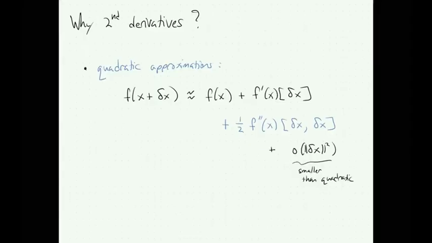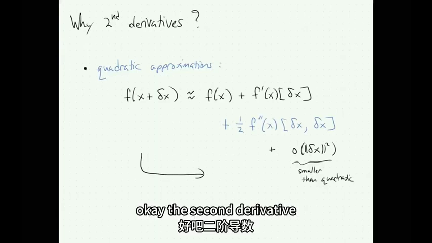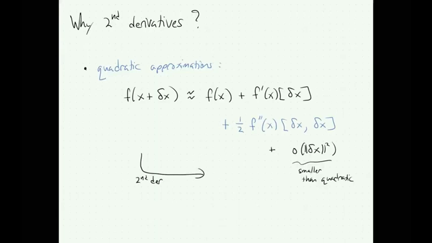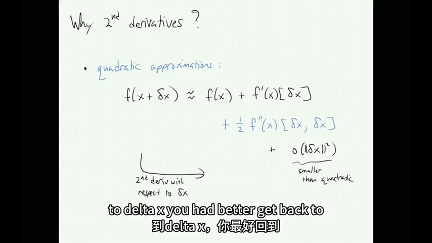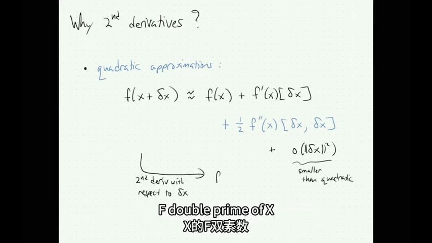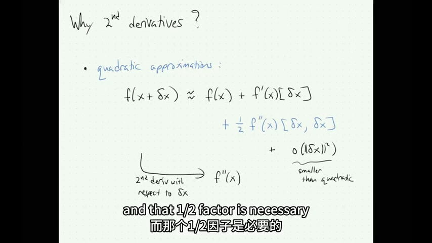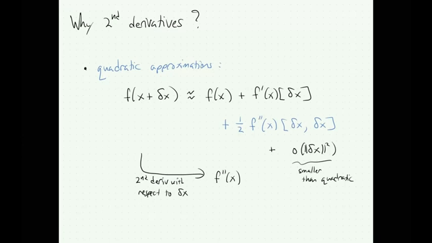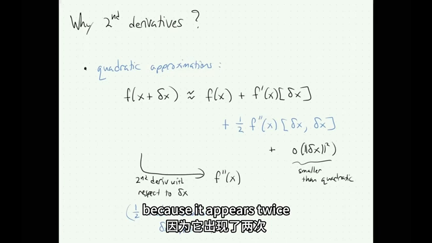So if we take the second derivative with respect to delta x, you had better get back to f double prime of x. And that 1/2 factor is necessary because it appears twice.